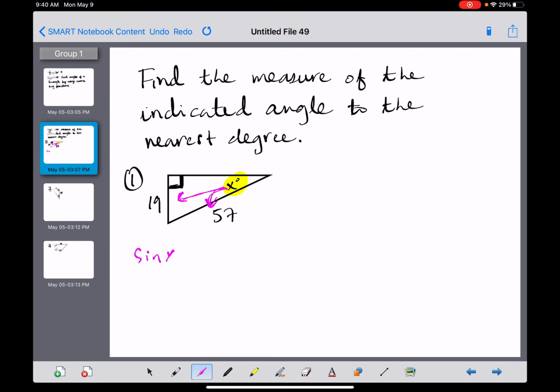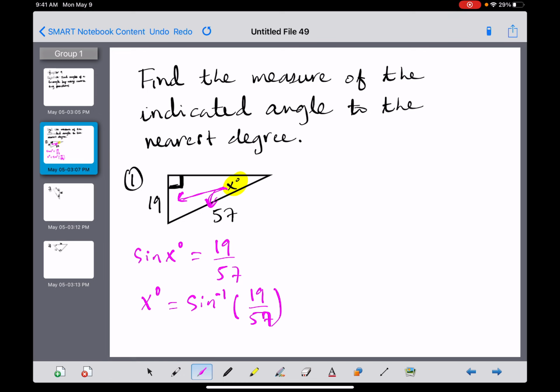So we're going to go sine x degrees equals 19 over 57. But since we're trying to find the angle, we're going to use the inverse function. So the next step is x degrees equals sine inverse 19 over 57. Okay, the calculator part.